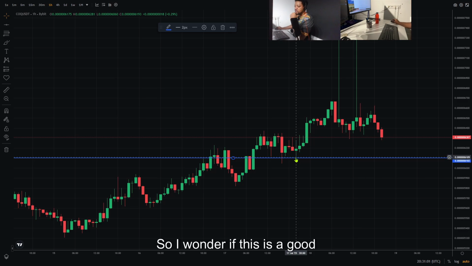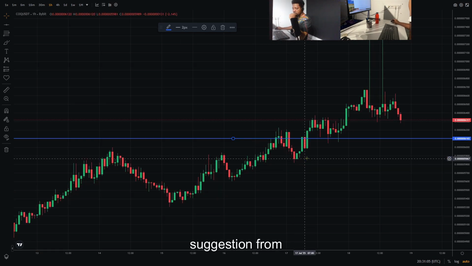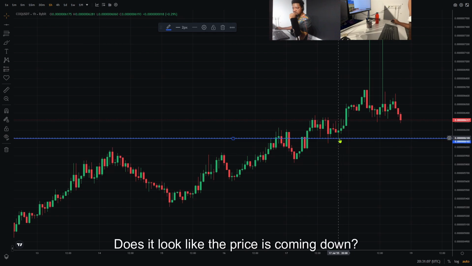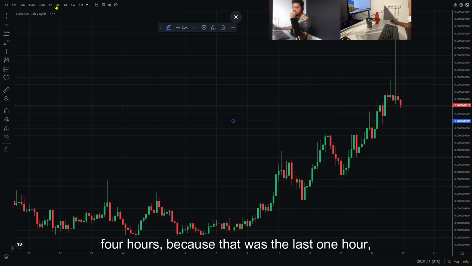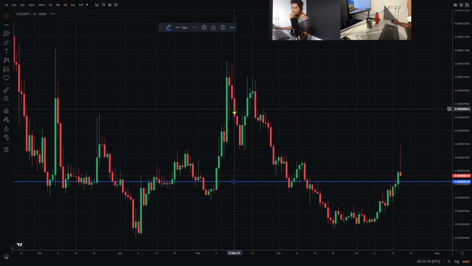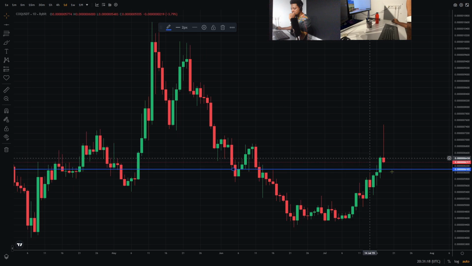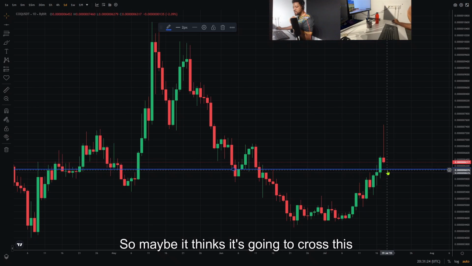I wonder if this is a good suggestion from AI for the price to come down. Does it look like the price is coming down? If I look at the last day, yesterday it crossed this line. So maybe it thinks it's going to cross this line again.